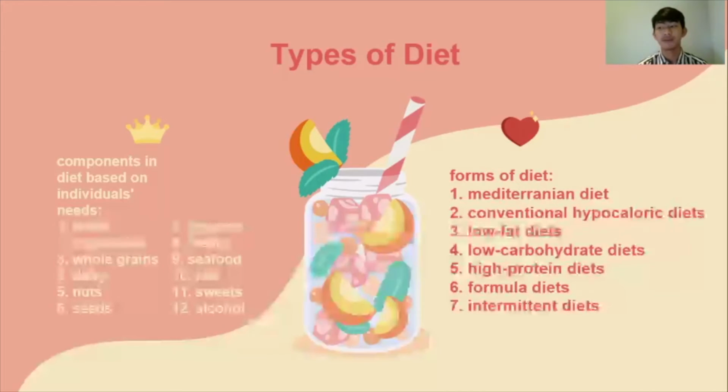As the names suggest, low-fat diets, low-carbohydrate diets, and high-protein diets focus on reducing fat intake, reducing carbohydrate intake, and increasing protein intake respectively. Formula diets provide a greater energy deficit than conventional hypocaloric diets, and comprise ready-to-ingest meals. Intermittent diets are based on intermittent restriction of food intake, with shifts between periods of unrestricted feeding and reduced energy intake.